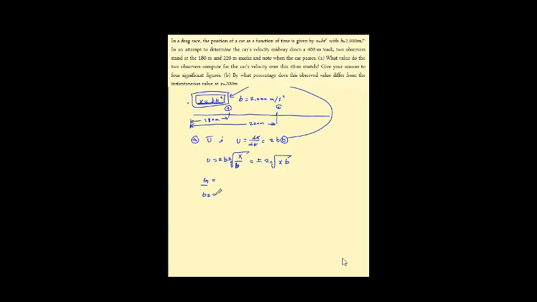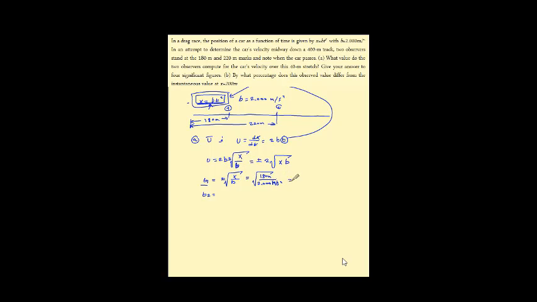We can find the time from the relation t equals square root of x over b. So t1 is equal to plus minus square root of x over b, and this is equal to square root of x1, which is 180 meters, over b, which is 2.000 meters per square second.